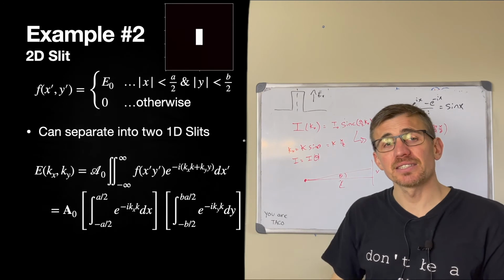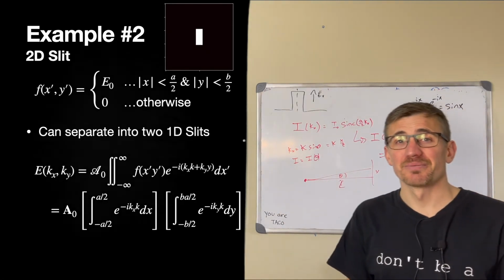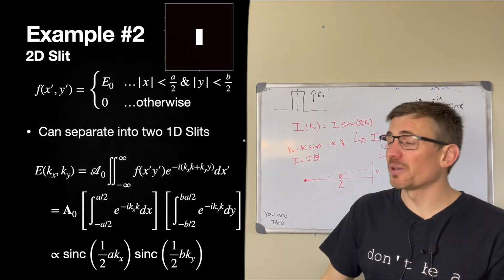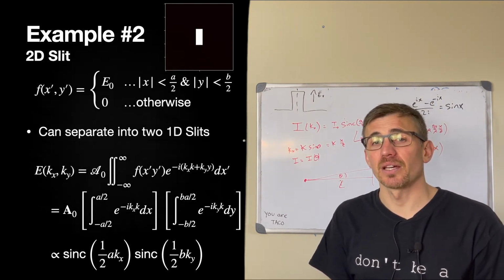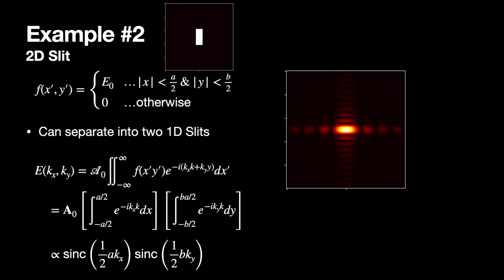So if we have this, we can separate it into the product of two things. We've already done all the work. No big deal. We get a product of two sincs. Okay? And this is what it looks like. If you see that, it looks a lot like the single slit, but if you look very carefully, it's actually two slits. So it's taller. Notice that it's inversely proportional to A. That's how a sinc works.